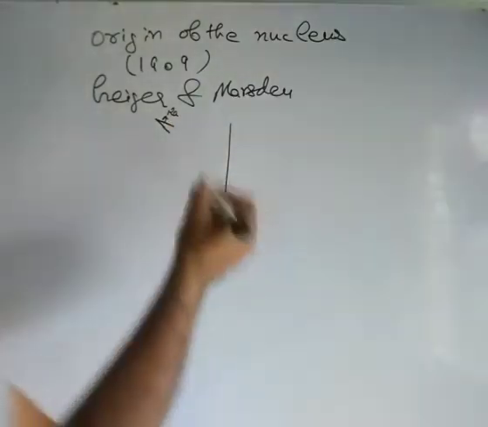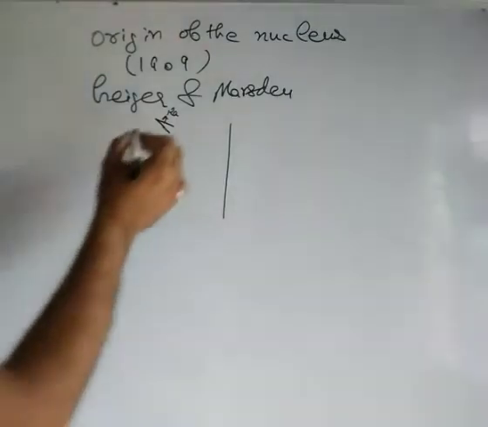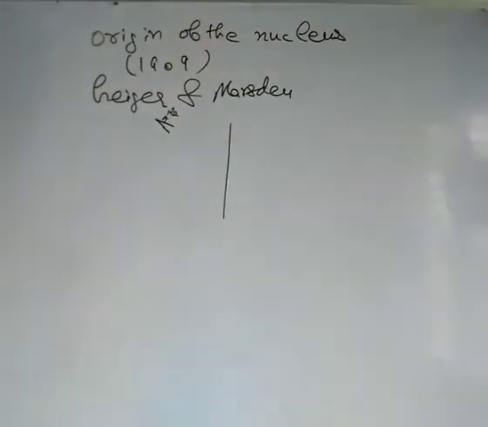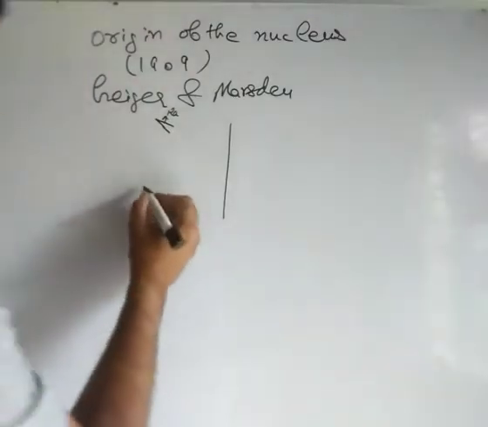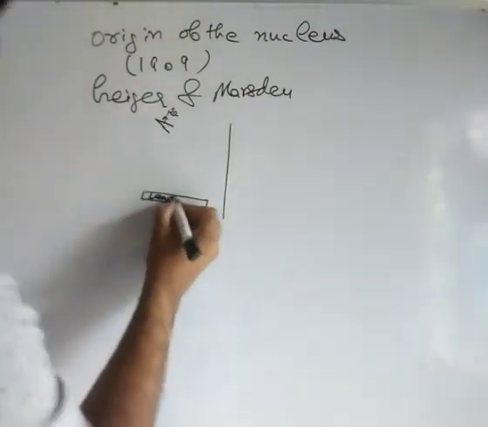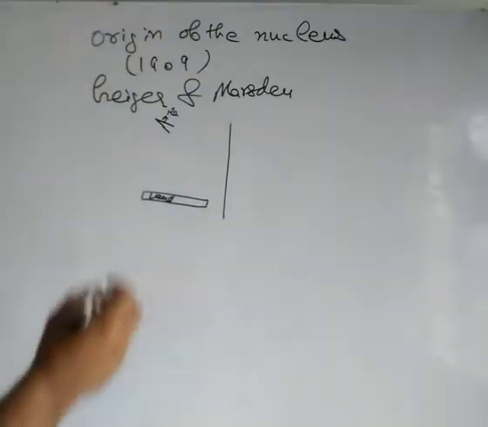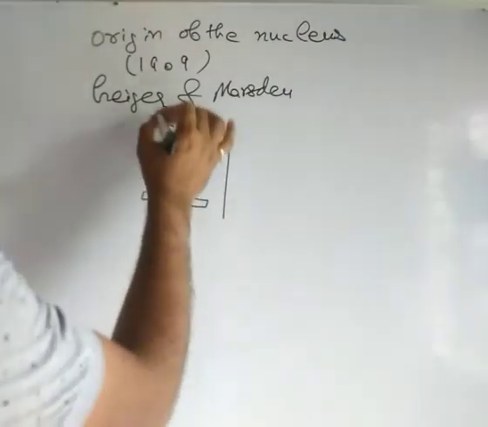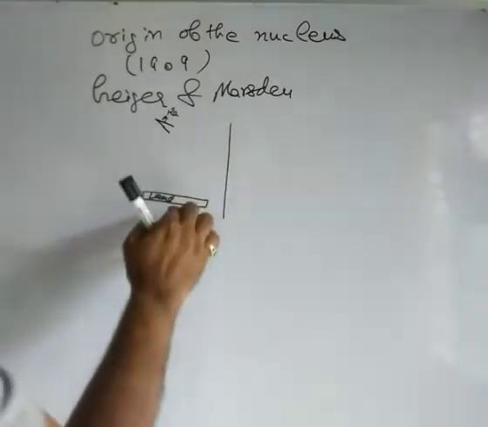Now in order to understand the scattering of the alpha particle from this metal foil, they placed a lead sheet here. The purpose of placing the lead sheet was to block alpha particles coming in this direction.